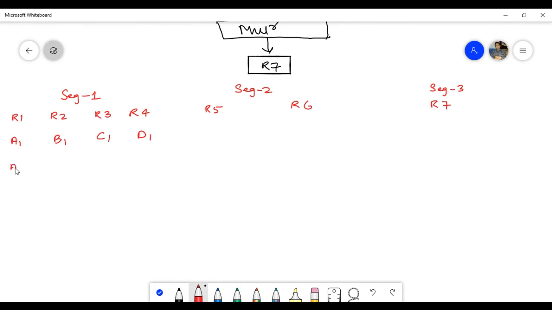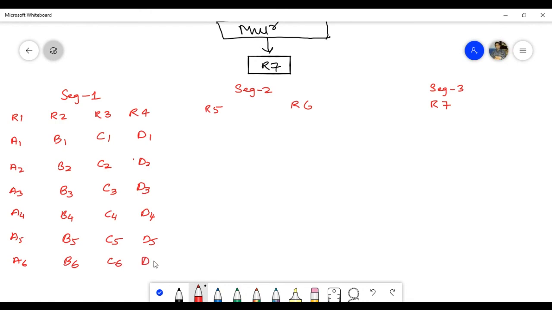Similarly, you will write A2, B2, C2, and D2, A3, B3, C3, and D3, A4, B4, C4, and D4, A5, B5, C5, and D5, A6, B6, C6, and D6.